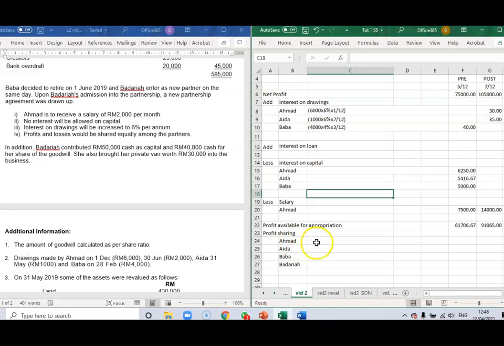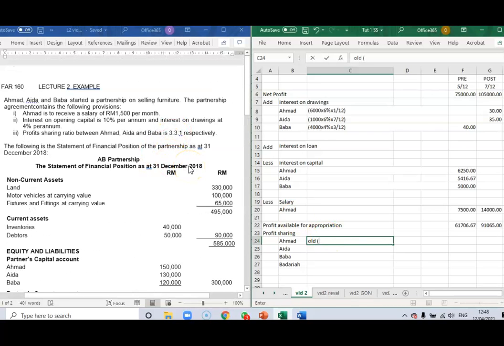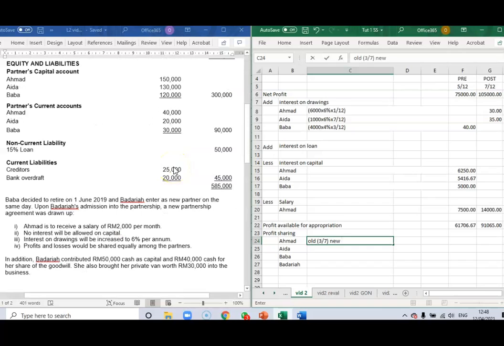So profit sharing, the old one, if using the old profit sharing ratio, Ahmad is 3/7. And the new one is shared equally, so 1/3.